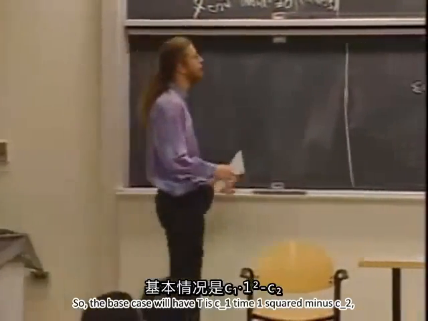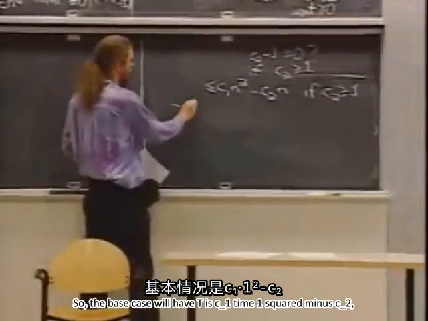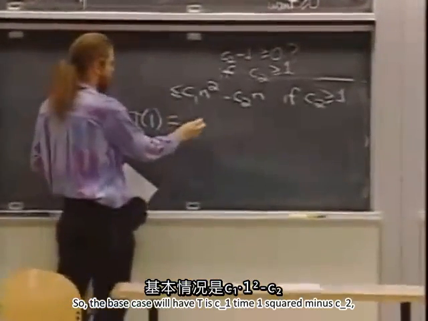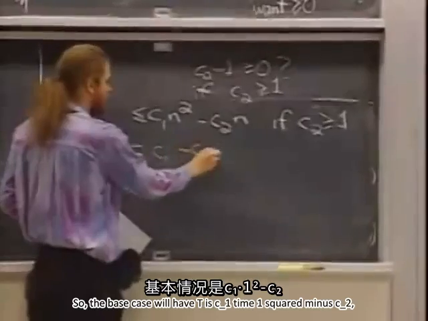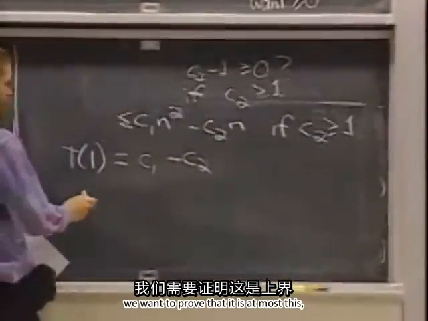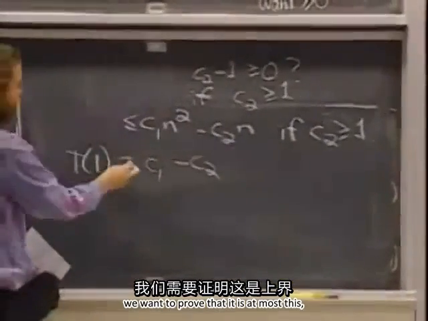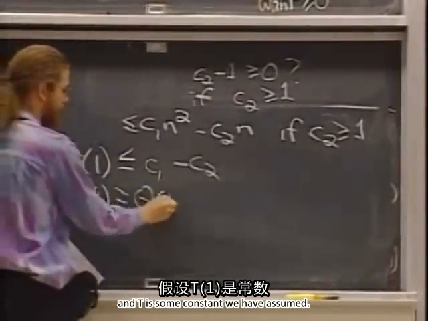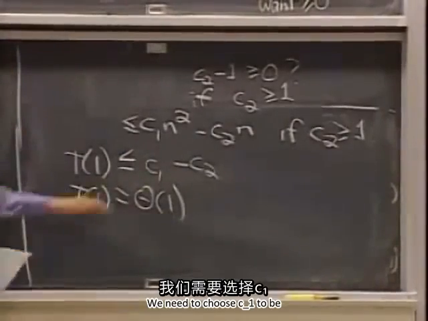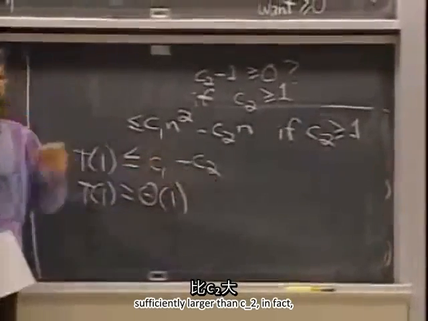So the base case will have T of 1 is C1 times 1 squared minus C2. We want to prove that it's at most this, and T of 1 is some constant, we've assumed. So we need to choose C1 to be sufficiently larger than C2, in fact.